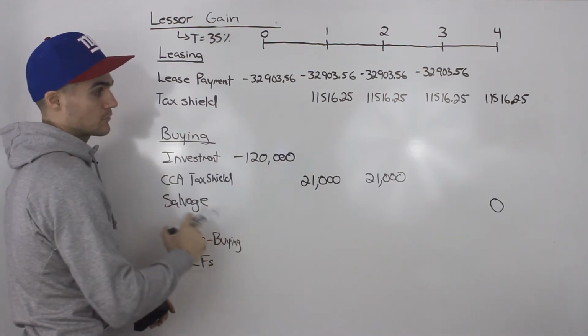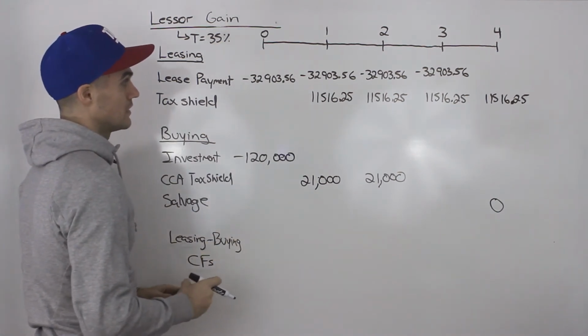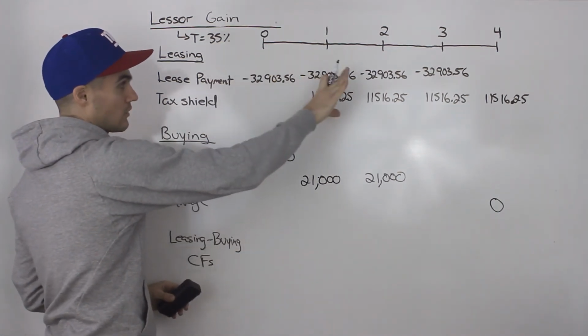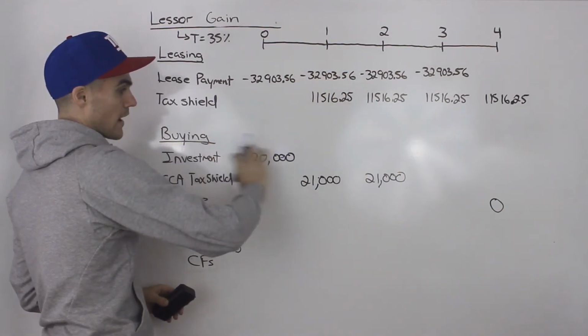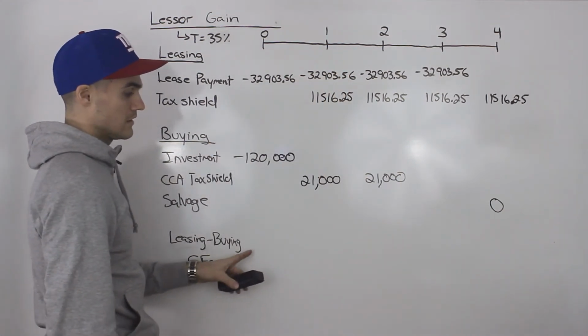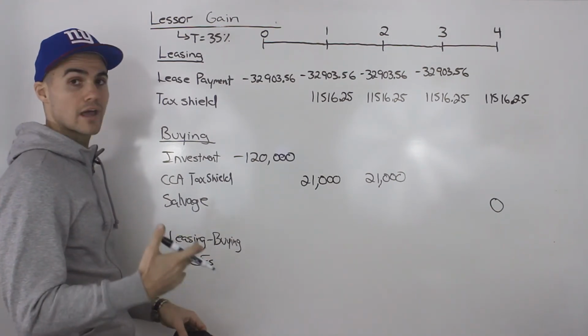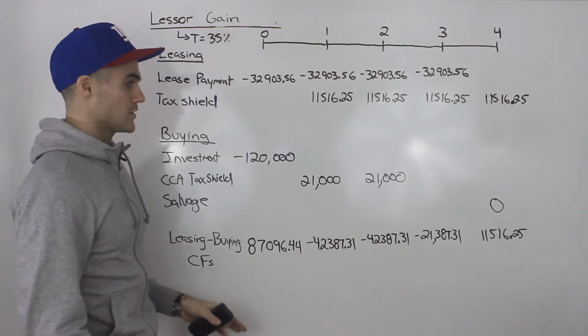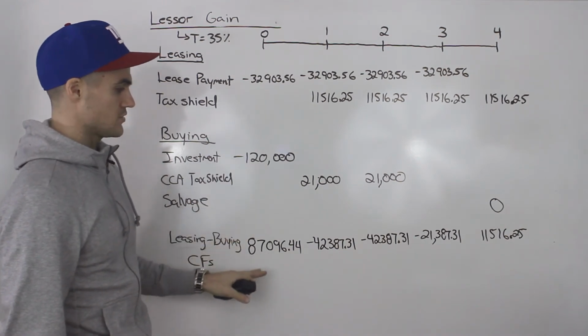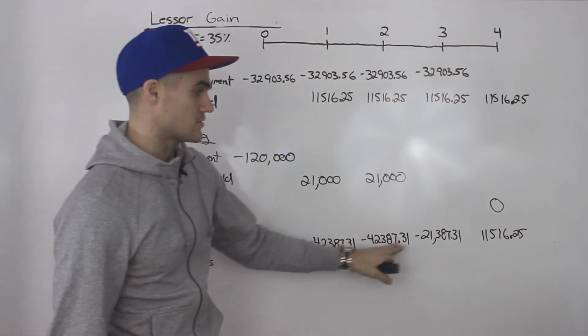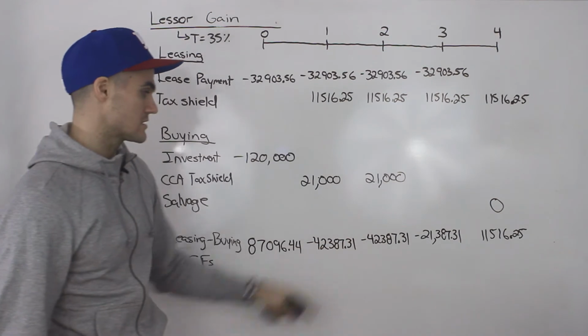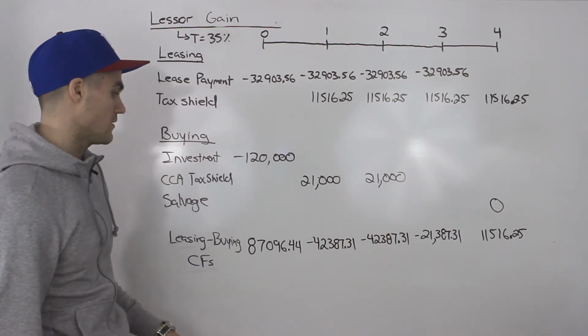I didn't add that row just to save some room, but you're basically taking all the cash flows from the leasing, subtracting all the cash flows from the buying, because that's how you calculate that net advantage to leasing like we went over before. And when you subtract those two, you should end up getting these values in that row. And you can see these in the Excel file as well.